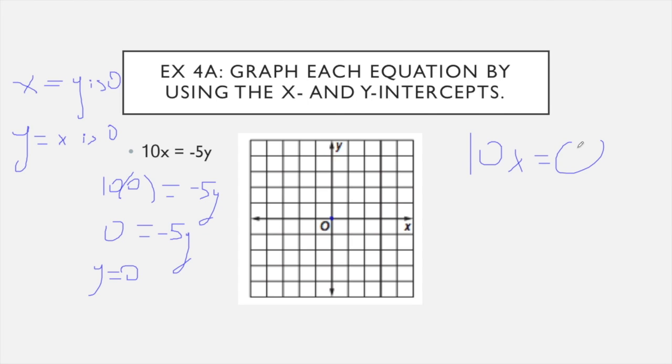So 10 times what number gives me 0? X equals 0. So the x-intercept is also 0. So what actually is happening here? Our graph is going through the origin. So that is going to be our intercepts for 4a. They're both 0. So have these down for 4a.